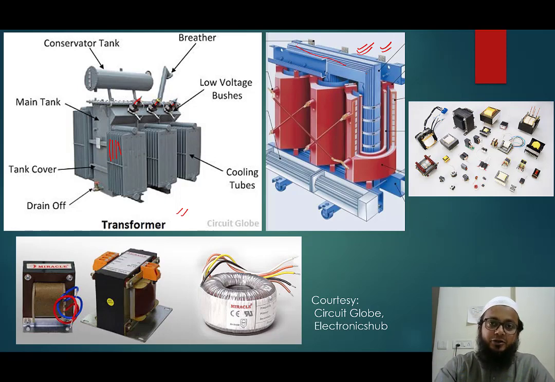That oil has two purposes. One is for the cooling, and another purpose is for the insulation of different components as well. Okay, so in this main tank you have the transformer oil, and in that oil we generally dip this core and this entire winding.